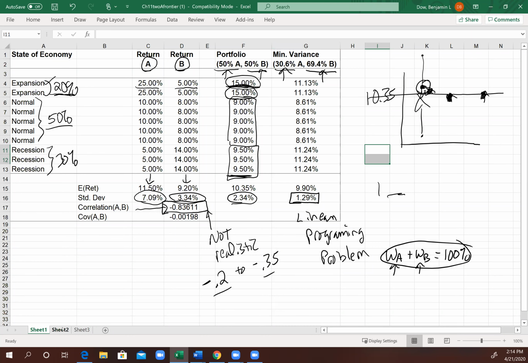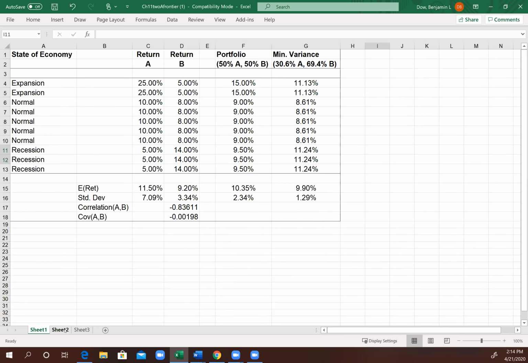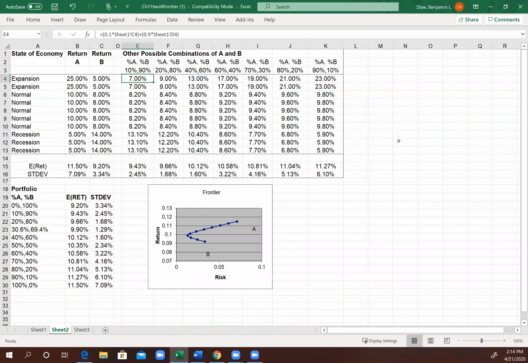Now, if we look ahead to the second sheet, the second sheet will demonstrate the curvature that we get. And the curvature that we get is due to the negative correlation. And you can kind of see what I mean here.